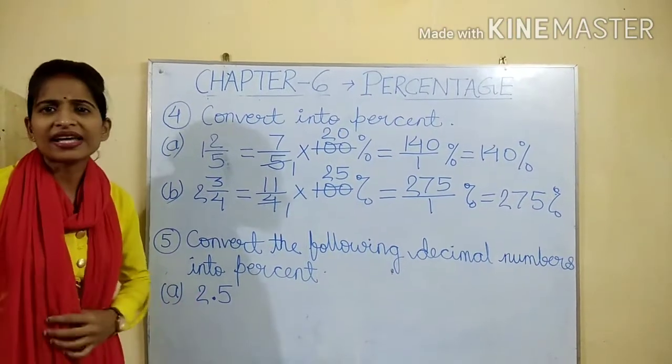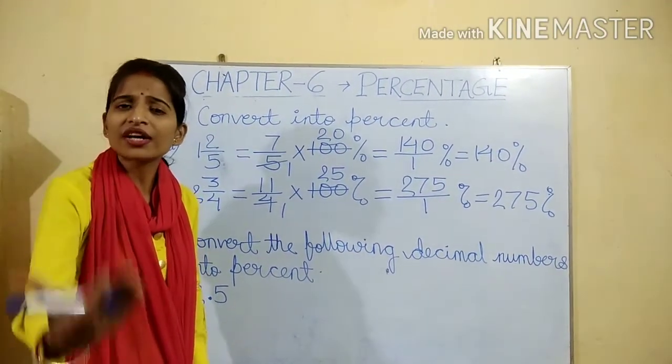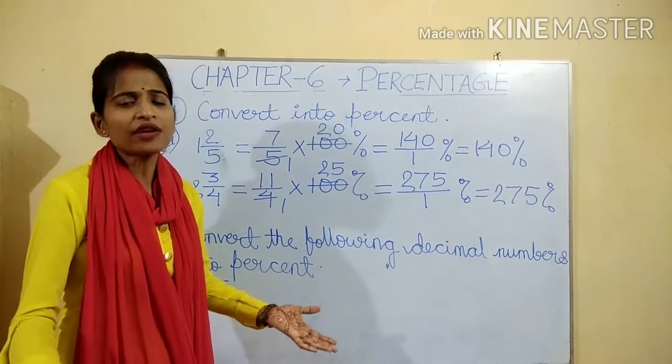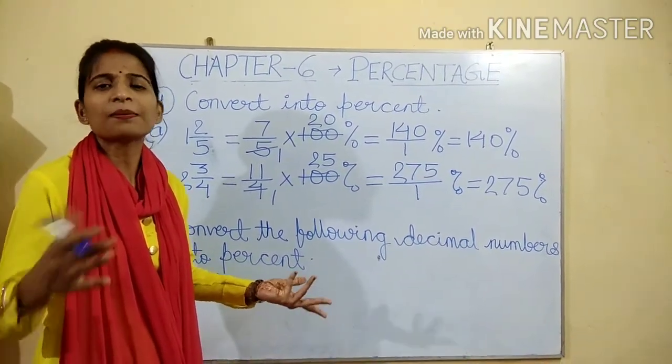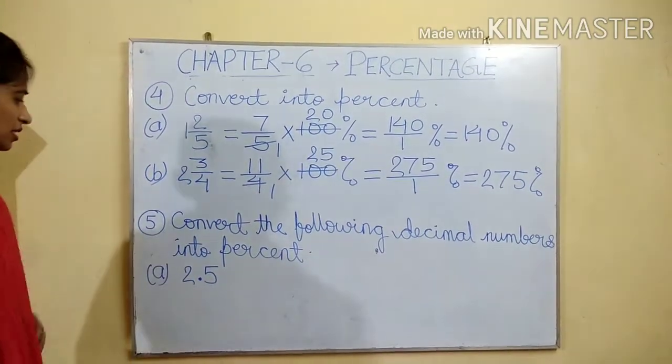Okay, the same type of question is there in number 5 also, but there it was given in mixed fraction, here it is given in decimal form. So first we will convert the decimal form into a fraction, and after converting into a fraction we will multiply by 100, percentage sign, and then the answer.